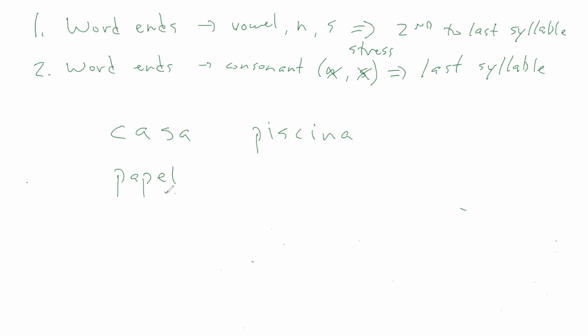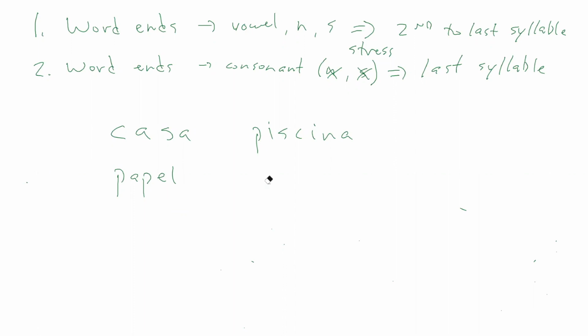Papel. Right? It's not the first syllable, it's the last. So again, it follows the rule, and the stress is on the last syllable. So really we're looking at last or second to last when we're talking about stress.